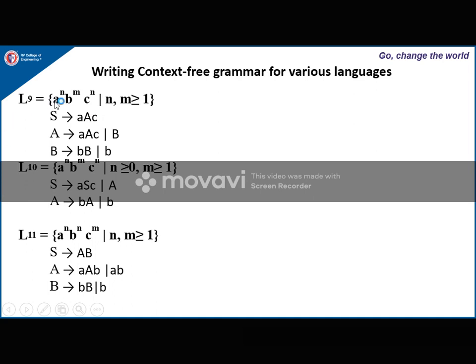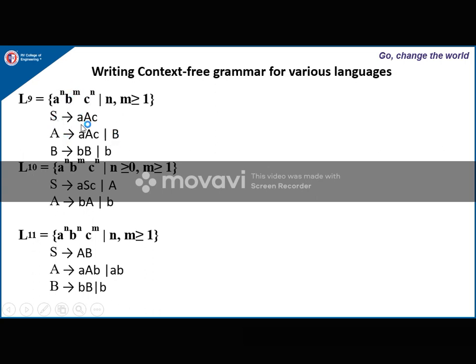Next, a^n b^m c^n. You can observe A's and C's should have the same number, and B can be anything. So here I can write the production as S derives AC, and for generating the intermediate A and C, I will be using this. Once the A's and C's are completely generated, by using the B production I can generate any number of B's.